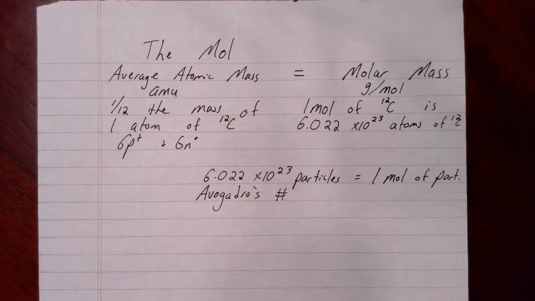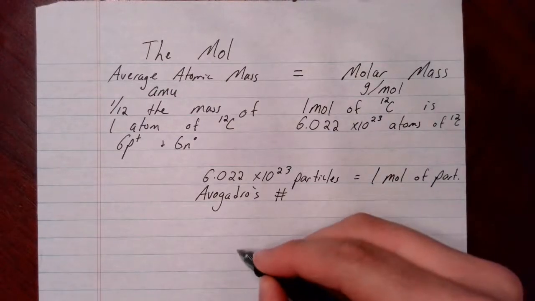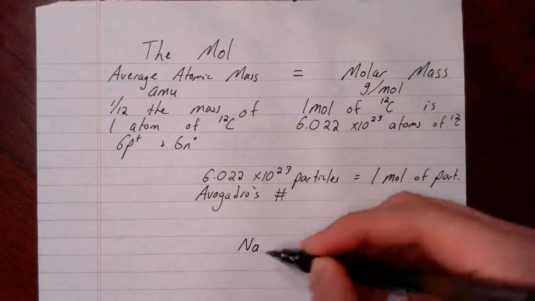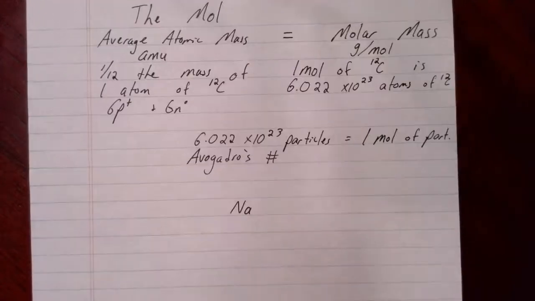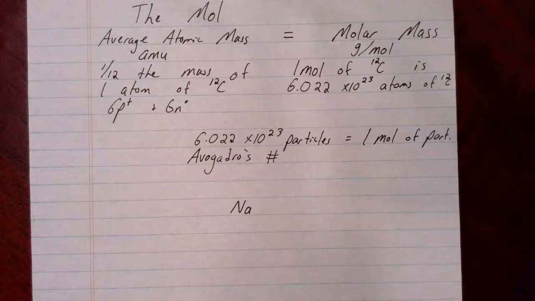So let's start off looking at sodium. So Na. On the periodic table, the average atomic mass, or the molar mass, of sodium is listed as 22.99.